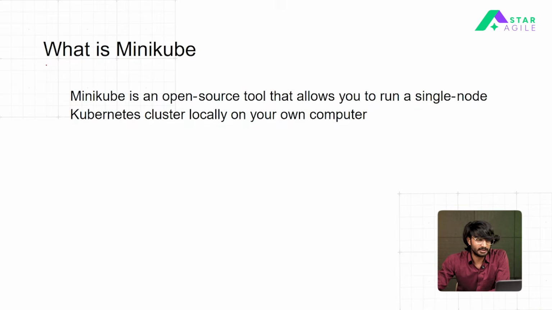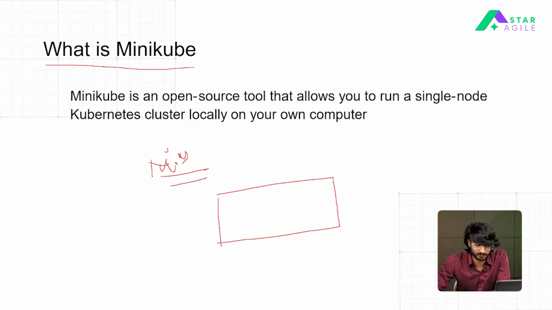All right. So in the last session, we saw something about Minikube, but let me explain here. See, Minikube is a tool that will help me to create Kubernetes cluster. This is a tool that will help me to create a Kubernetes cluster. Right. So which sort of cluster?